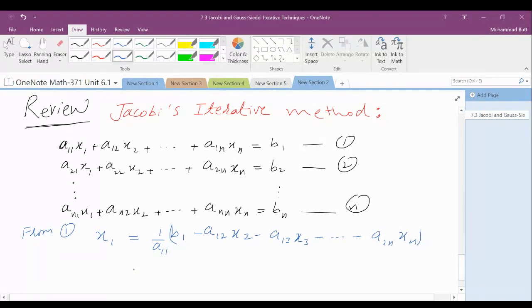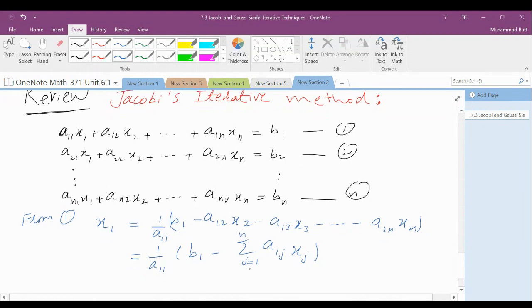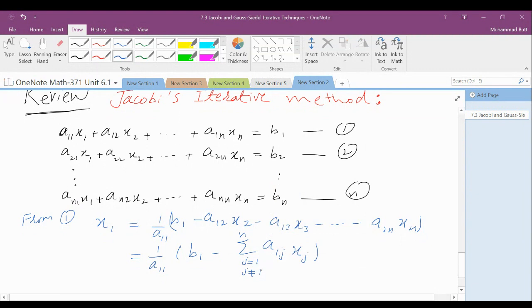So this can be written as x1 is equal to 1 over a11 times b1 minus the sum of a1j xj, where j starts from 1 to n, but keeping j not equal to 1, or in general not equal to i.